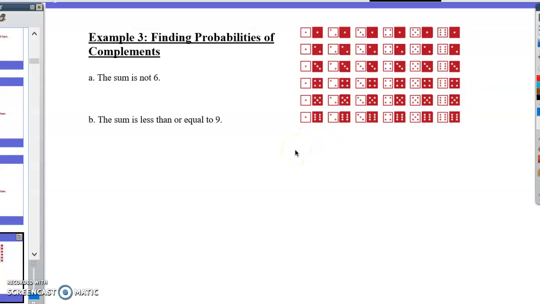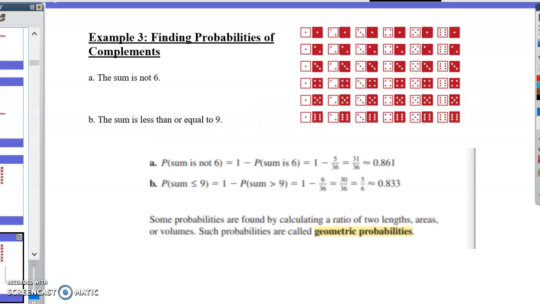So let's find the probability that the sum is not 6. When I roll two dice, the sum is not 6, or the sum is less than or equal to 9. Well, we can approach this a couple ways. When I look at where the sum is not 6, it's really easier to look at where the sum is equal to 6.